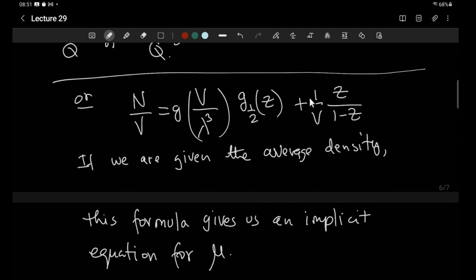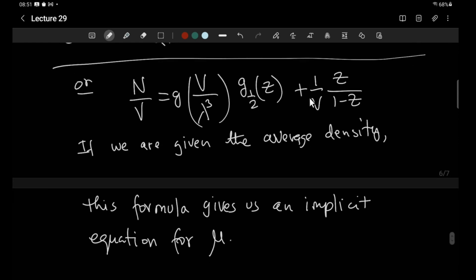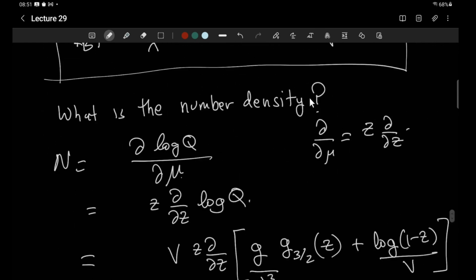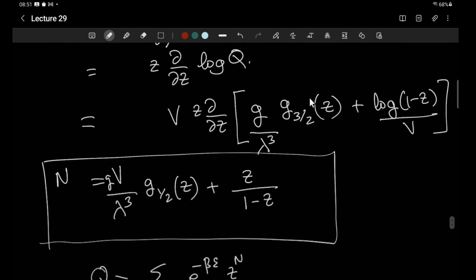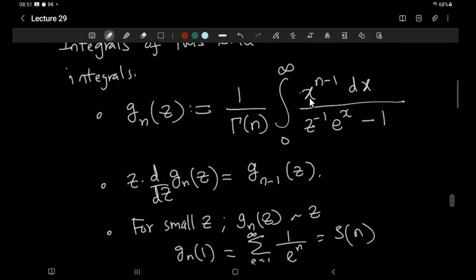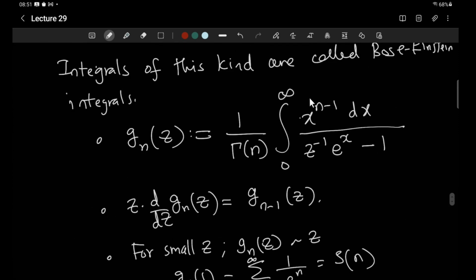So next class we will see that there is an issue. By the way, I'm a little puzzled that I got G half. Just give me a second. I wrote some property, right? I'll check my property. Is that correct? I said Z d by dz. Okay, so then that will give, oh, there is a little bit of work to do.